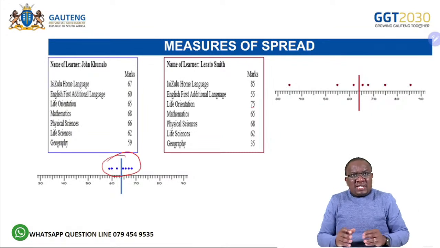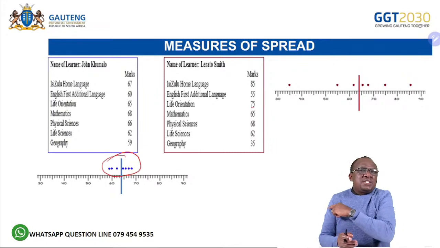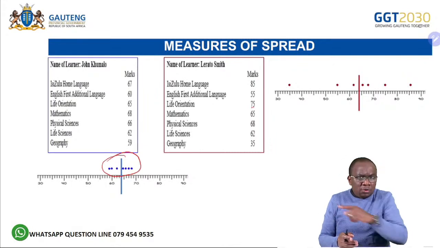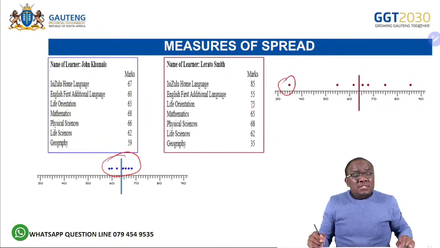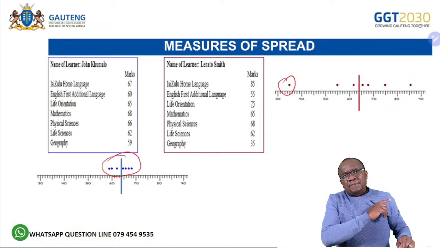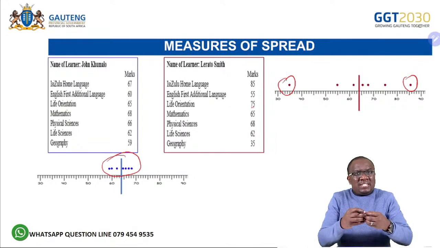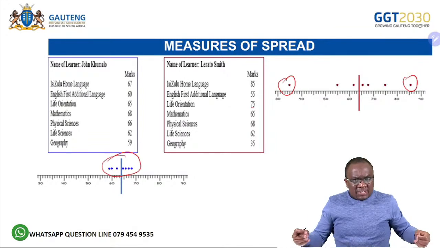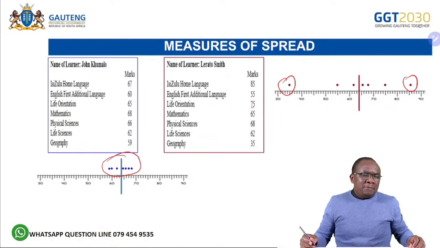But for Lerato, the mean is 64%, but there's a mark far below 64%, like this one, which is 35%, or a mark very high compared to 64%, like 85%. So the data for Lerato is widely spread out, and this data is not represented well by measures of central tendency.